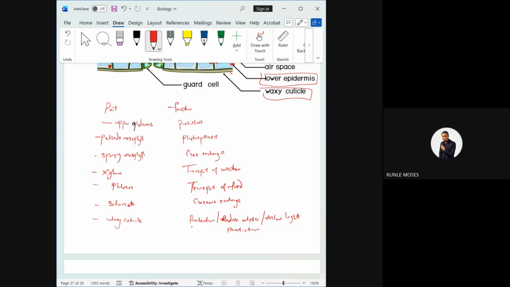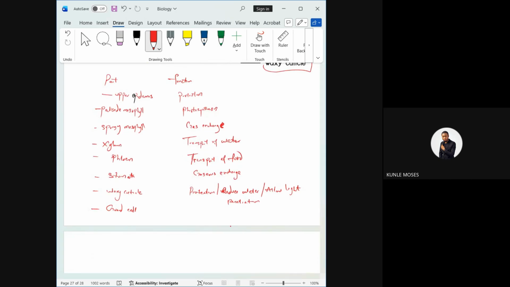The guard cell, okay. I've told you what the guard cell is. It helps to control the opening and the closing of stomata. So please write it down. Out of these three structures in the flowering plant, the roots, the stem, and the leaf, you cannot escape questions.